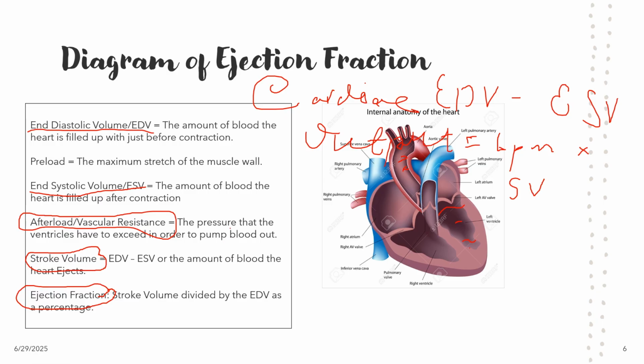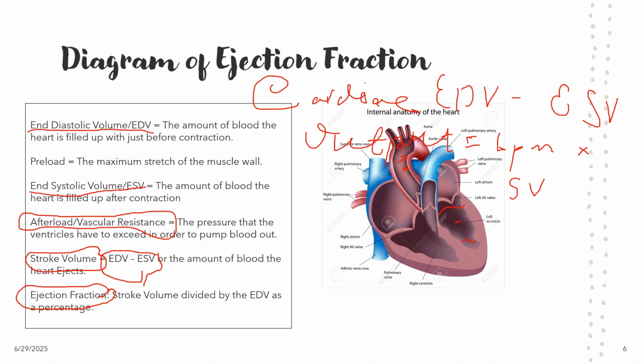When we calculate percent change, we do the final result minus the original, divided by the original, times 100 to get a percentage. This is what we do. Oh, sorry, this is supposed to be the stroke volume. Never mind. So it's basically the end diastolic volume minus the end systolic volume, divided by the end diastolic volume.